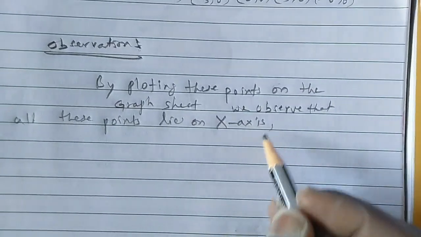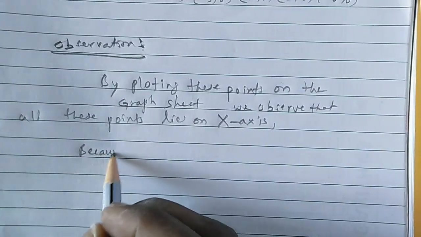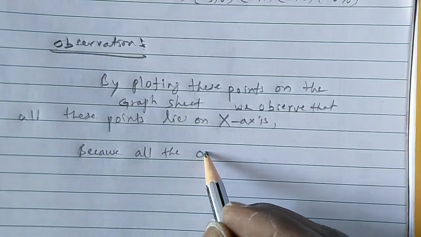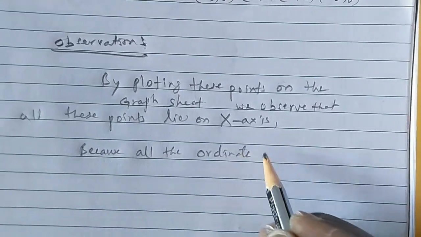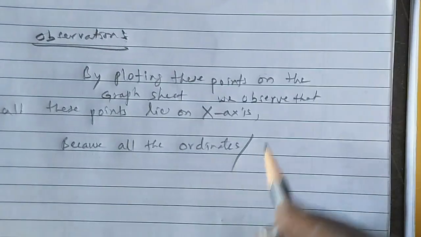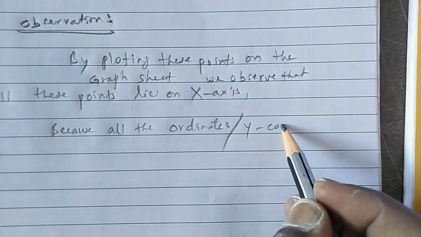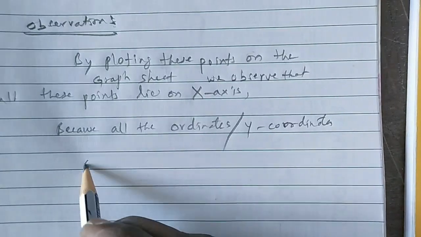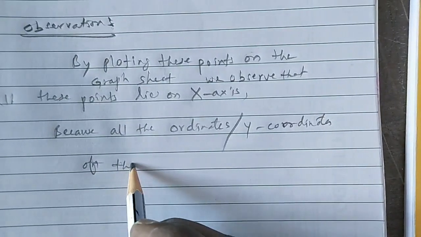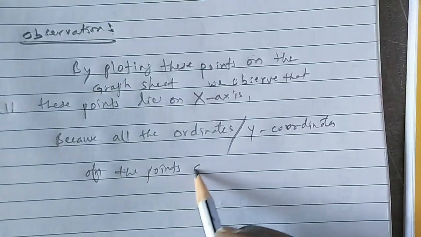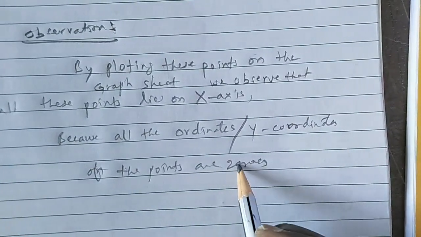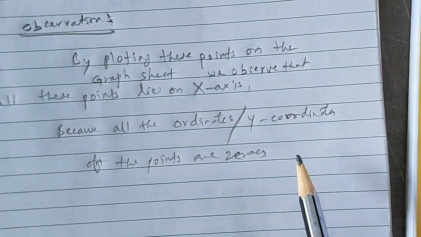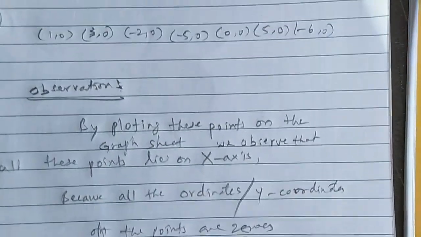Why? Because all the ordinates, that means the y coordinates of the points, are zeros. That is why, when we plot all these points on the graph sheet, they are lying on the x-axis only.